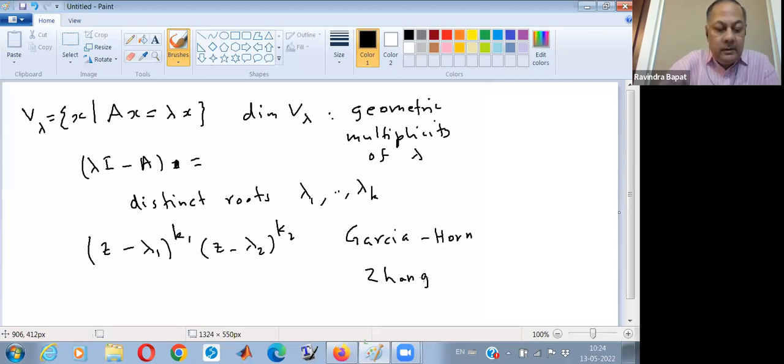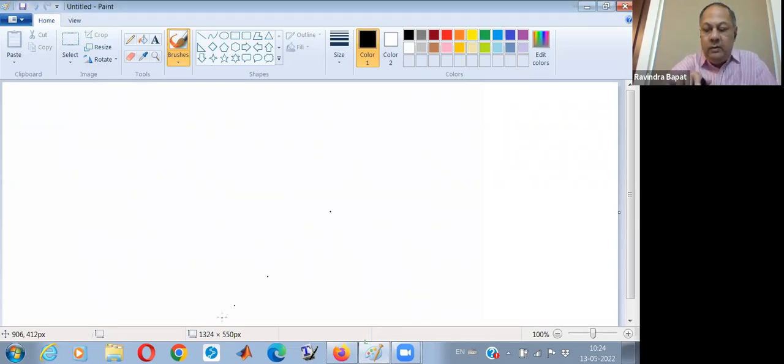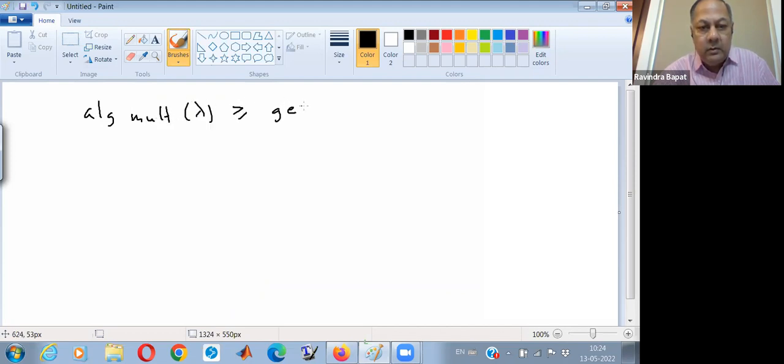Just to take some examples, there's a relation between the algebraic multiplicity and the geometric multiplicity, which I will not prove: the algebraic multiplicity of any eigenvalue lambda is always greater than or equal to the geometric multiplicity. I'll take this without proof.